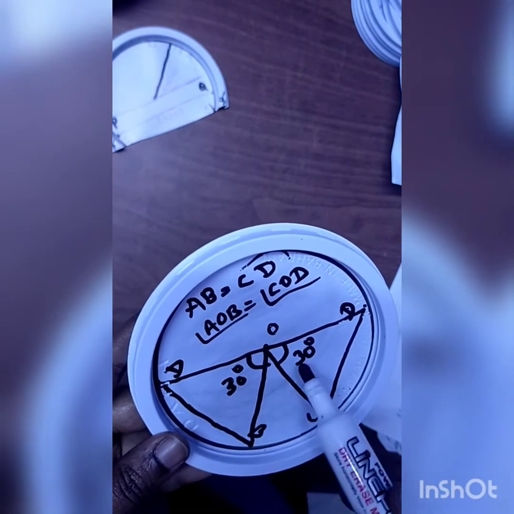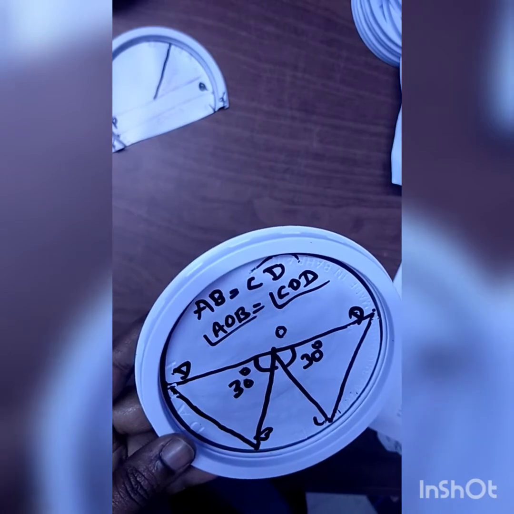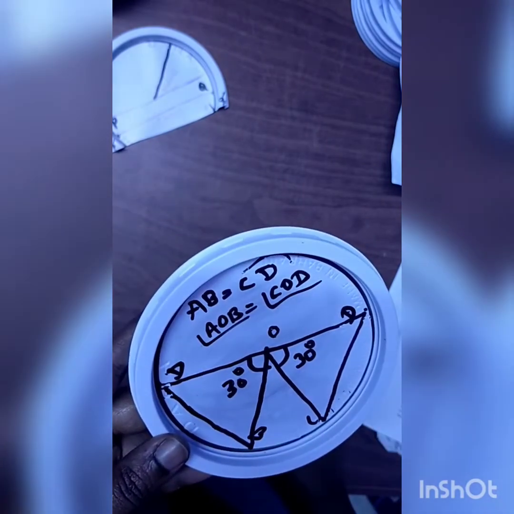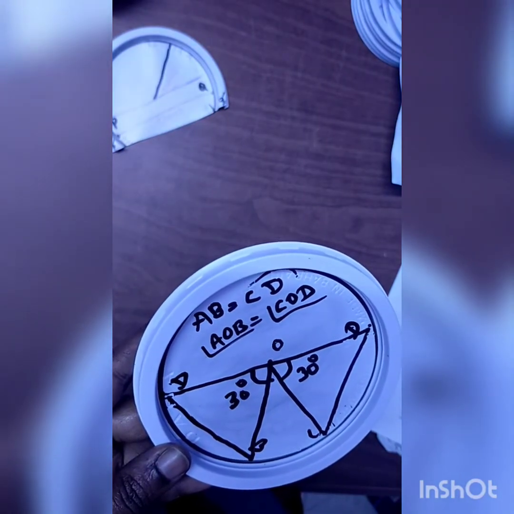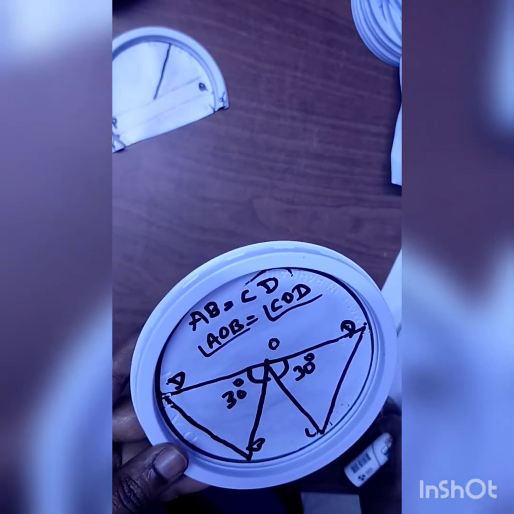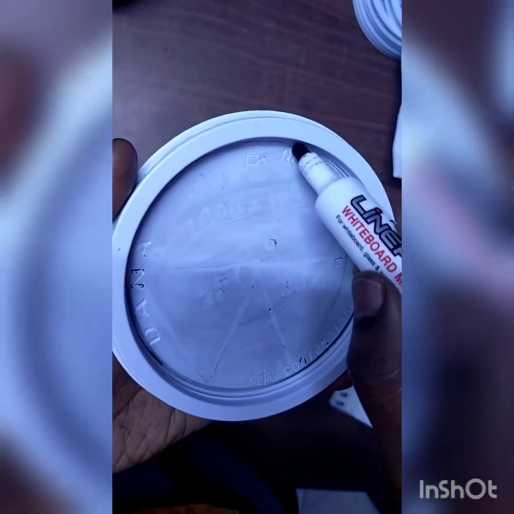Okay, so if these angles are equal, then AB equals CD. If AB equals CD, then the angles at the center are equal. Okay. Now let's go for the next theorem, children.